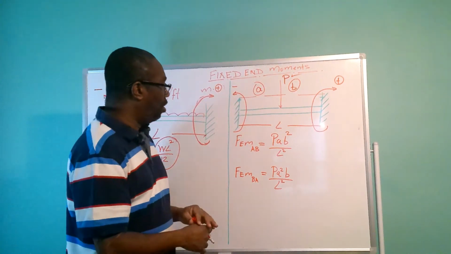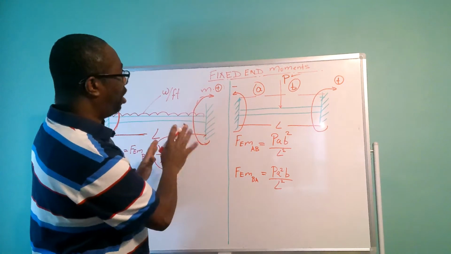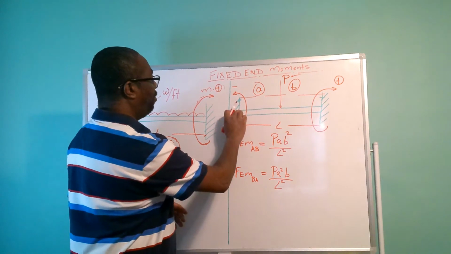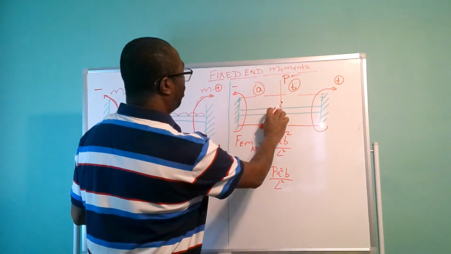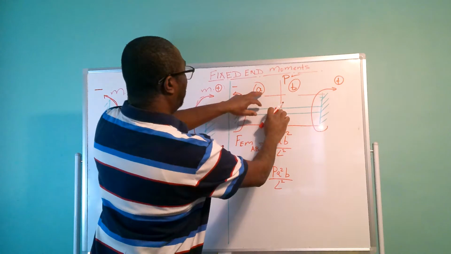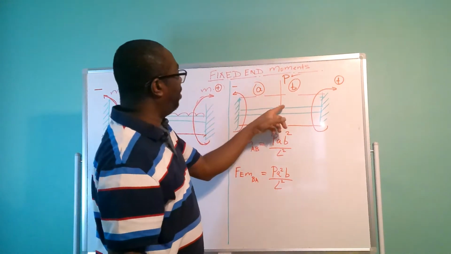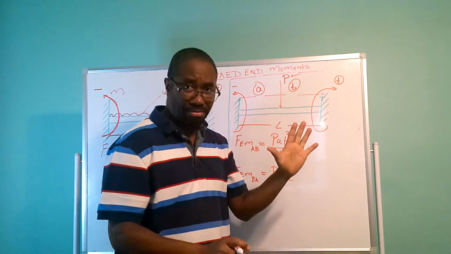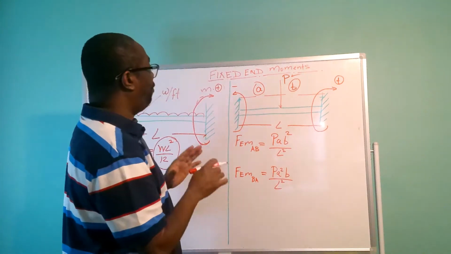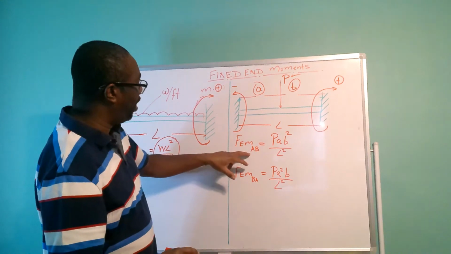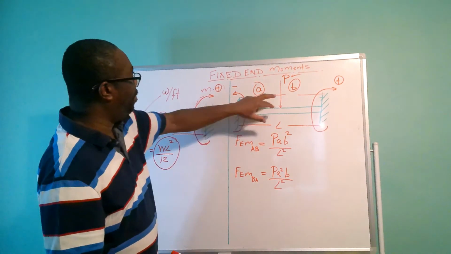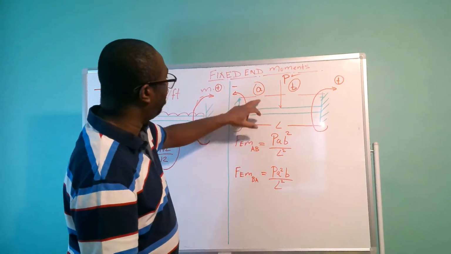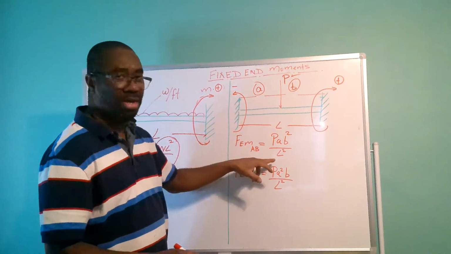If you observe again, from this fixed end towards the point load, we dimension that as A, and from the point load to the opposite end, we dimension that as B. So to find the fixed end moment for AB, the formula is the load times A times B squared over L squared.